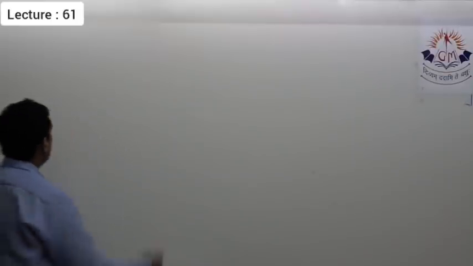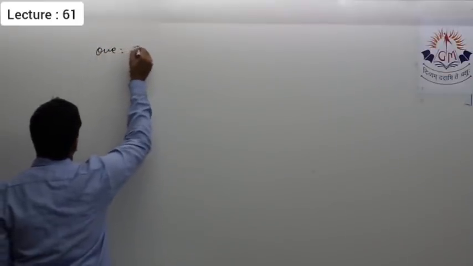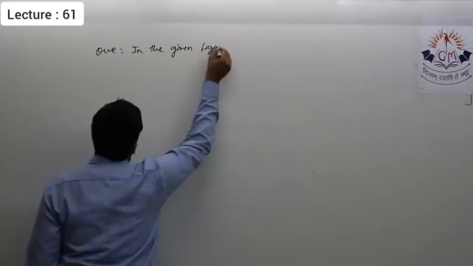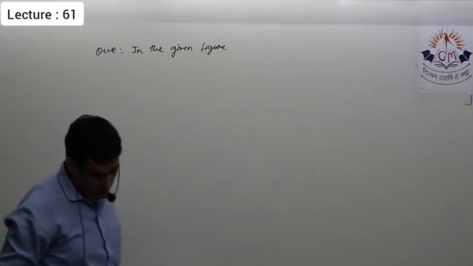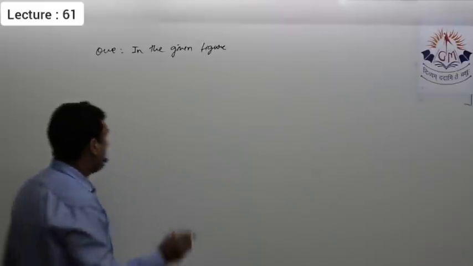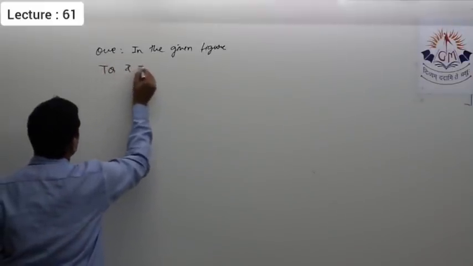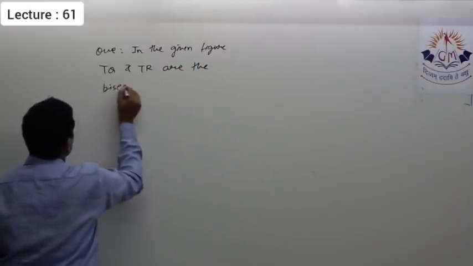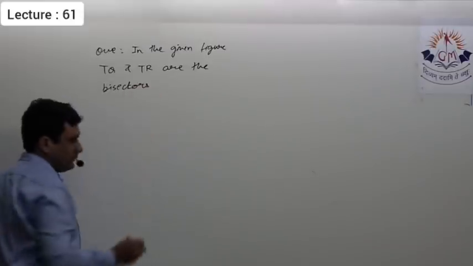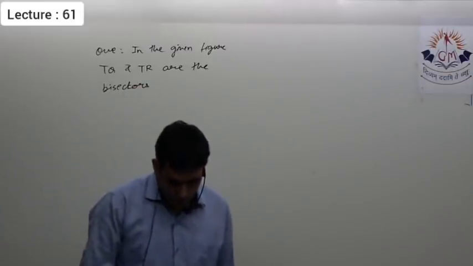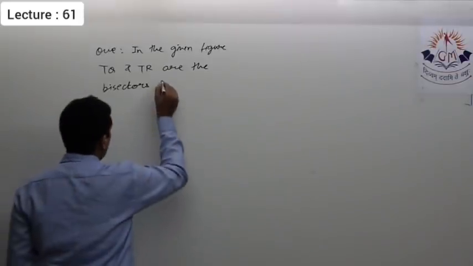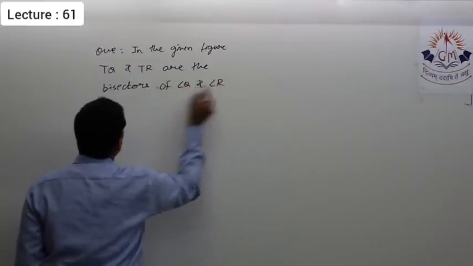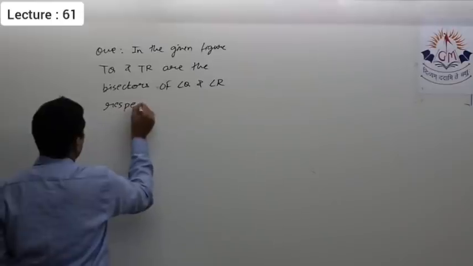In the given figure, TQ and TR are the bisectors of angle Q and angle R respectively.